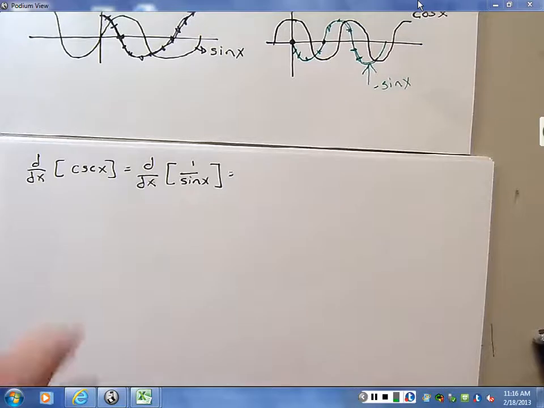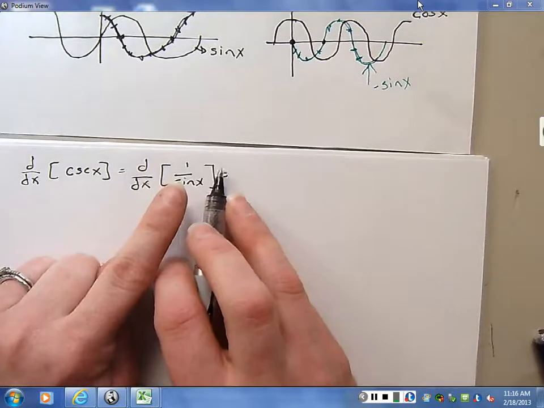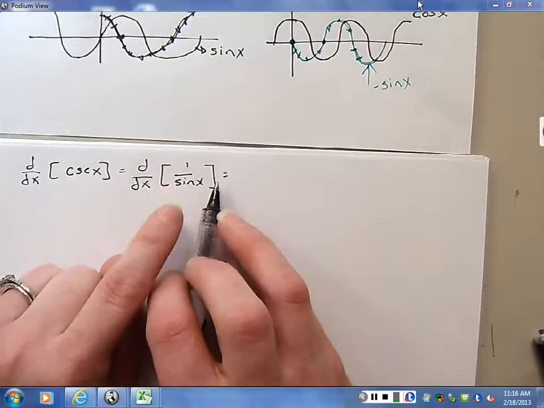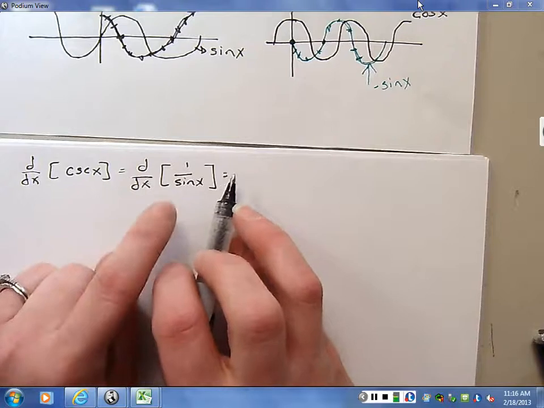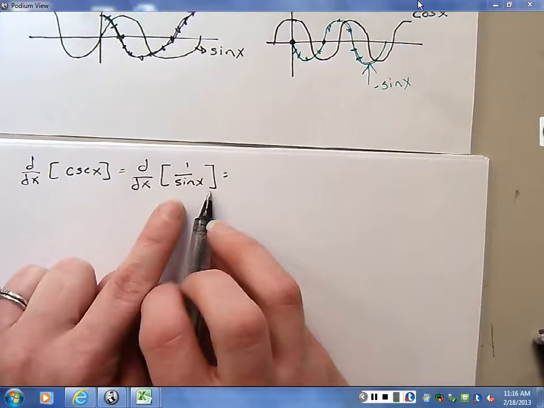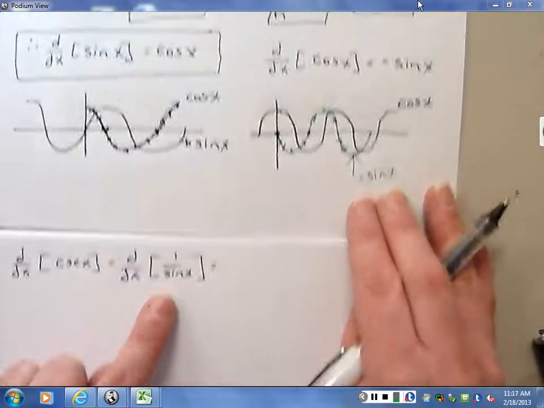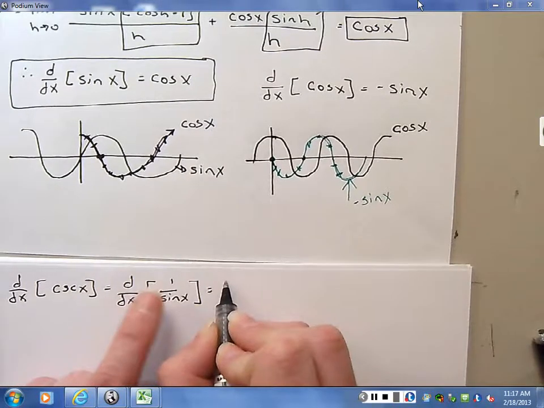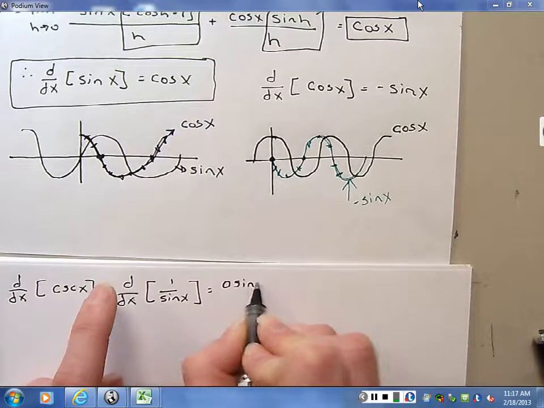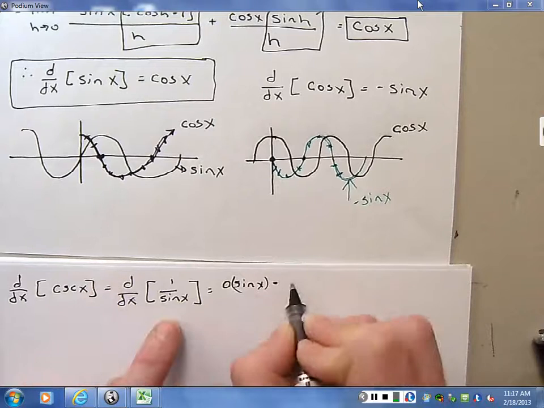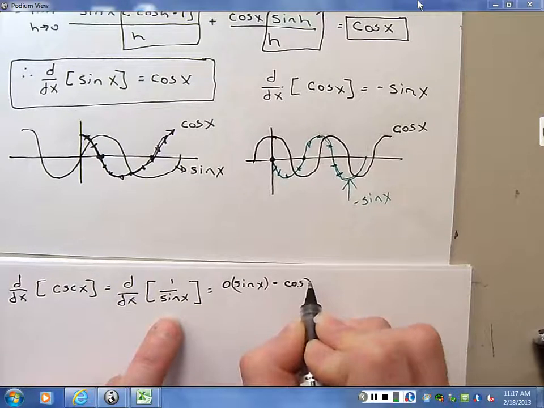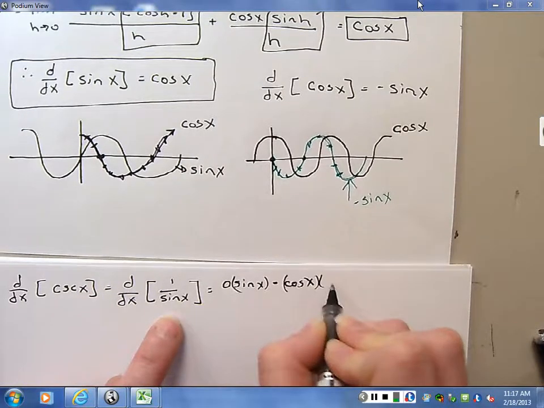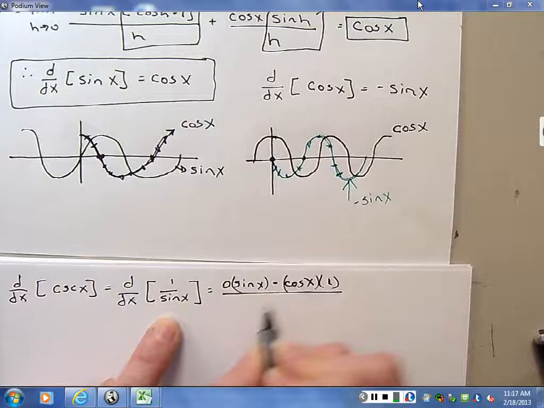So if I do that, the derivative of the top is 0, right? Hold the bottom, so 0 times sine is 0. Minus, what's the derivative of sine? Cosine, right? We just learned that right here. So I'll have 0 times sine of x minus cosine of x times 1 over sine squared.